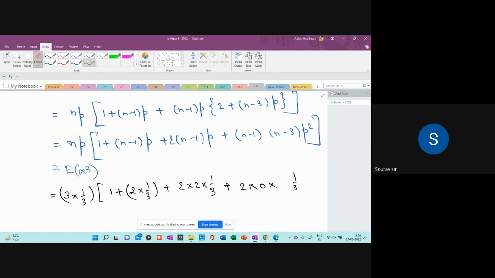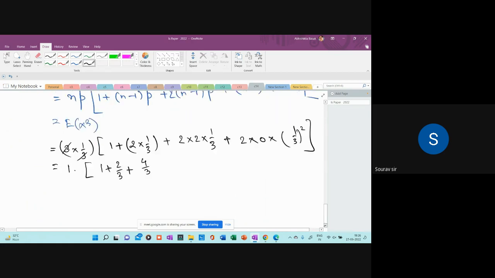So let us put the values and get the result directly. This is 1, so no need to write, and this is 1 plus 2 by 3 plus 4 by 3 plus 0. I am writing this as 3 by 3, so 4, 5, 6, 7, 8, 9. 9 by 3 is going to give you 3.